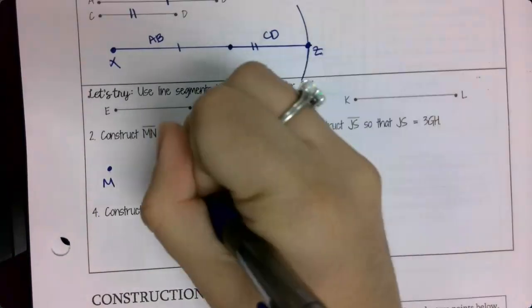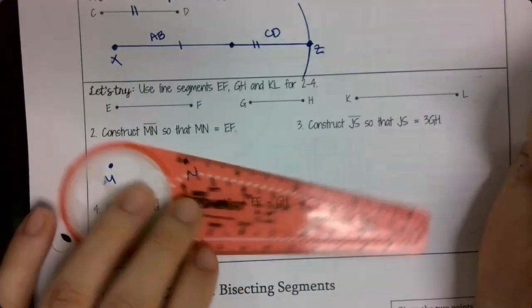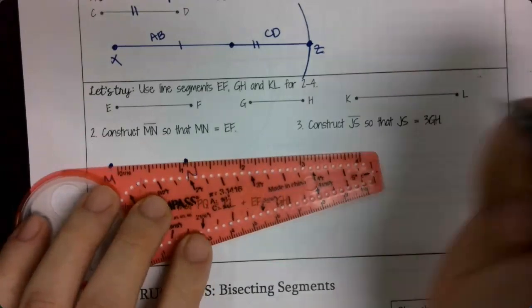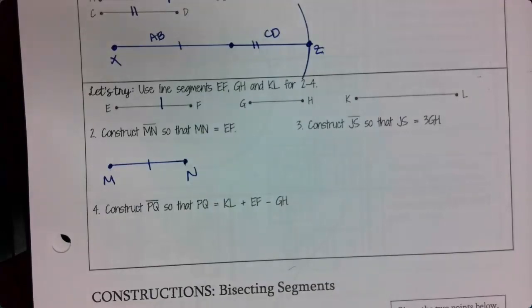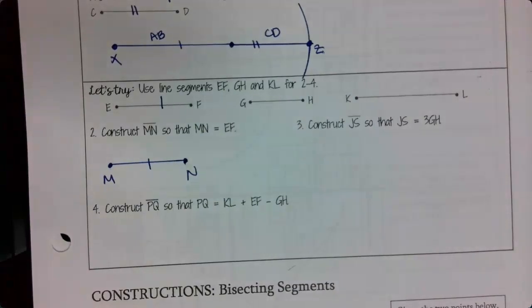This new point is going to be called N. And then I just connect my 2 points. These two are the same length, so I'm done with number 2.